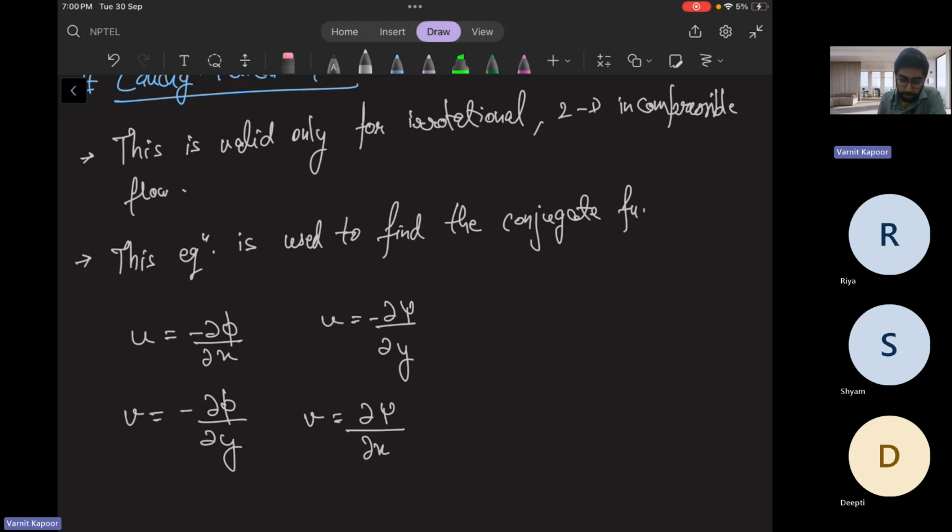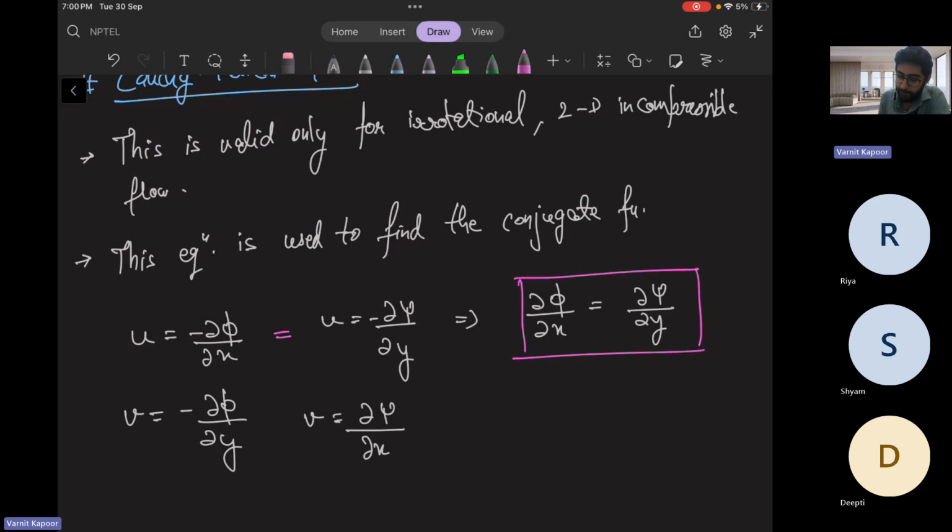So both are u velocities. If I compare both of them, this gives me dou phi by dou x is equal to minus dou psi by dou y. Or I can write it like this as well: dou phi by dou x is equal to dou psi by dou y. So it's giving me the conjugates of each other.